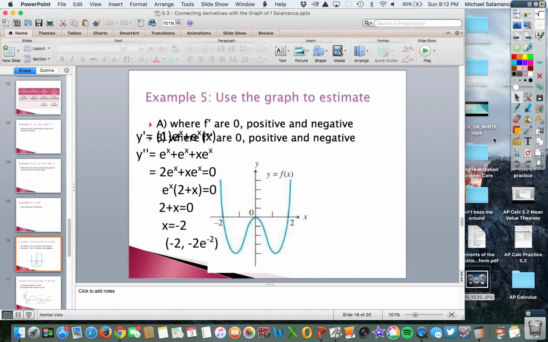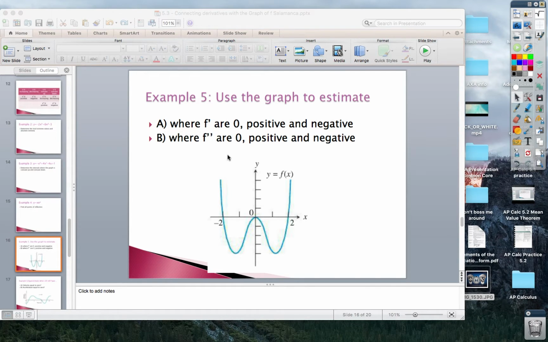So let's take a look at this problem. It says where f prime are 0, positive, and negative. So we're basically looking at this graph. We're trying to find out where the derivative is 0, positive, and negative. For part A, I'm going to do an all red, and part B, we're going to do an all blue. Now, when we find out when f prime is 0, those are giving us our critical points.